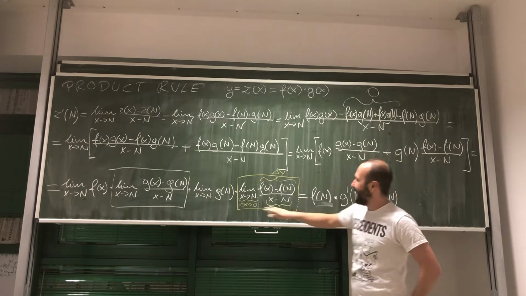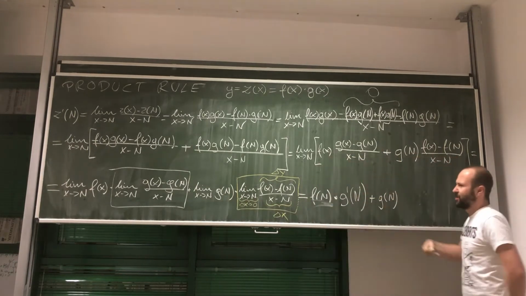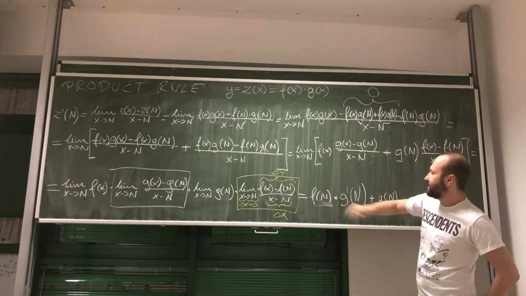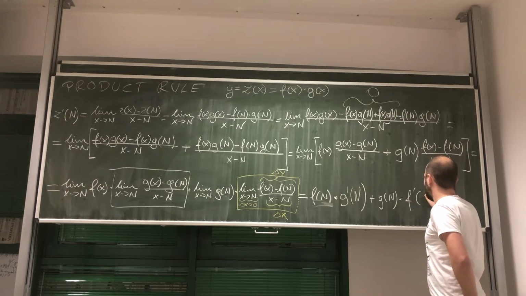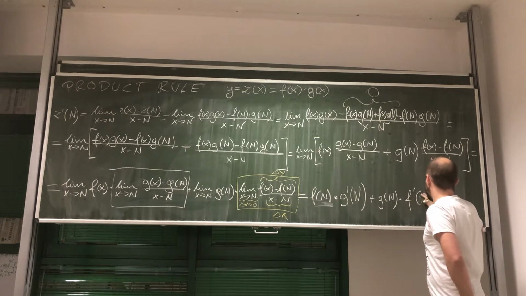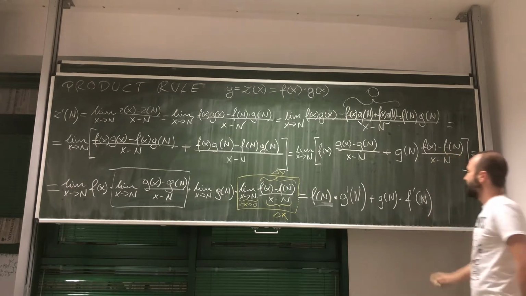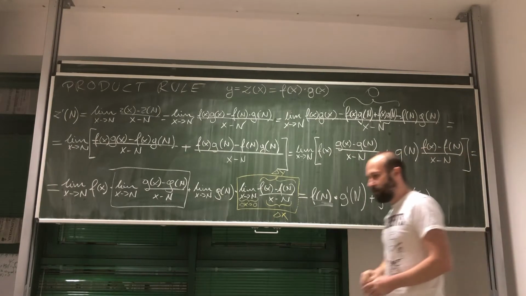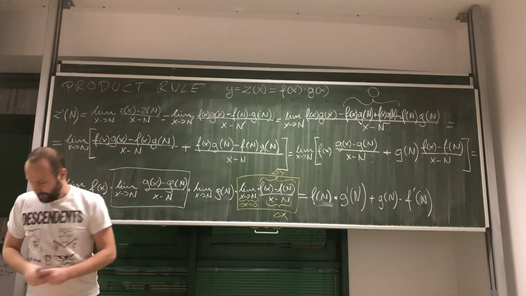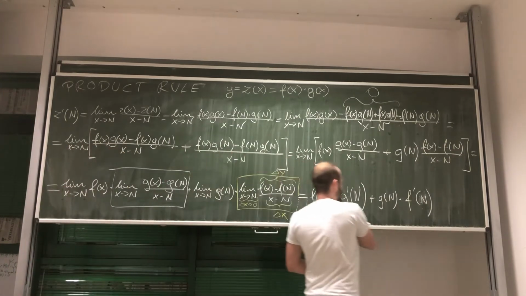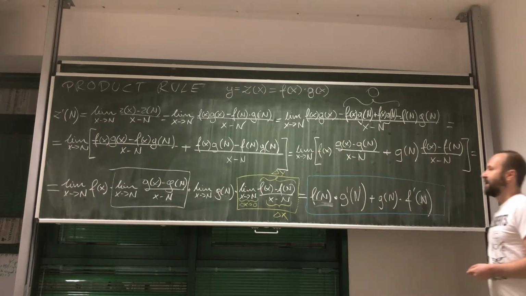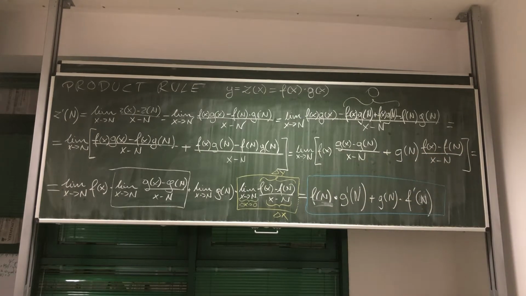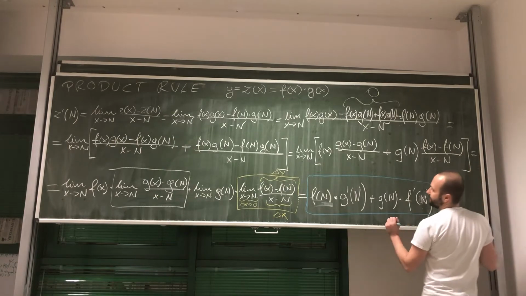Because we already have n over here, so we don't even need to change a thing. And finally, times f prime of n. And now we have actually proven the product rule. Okay.